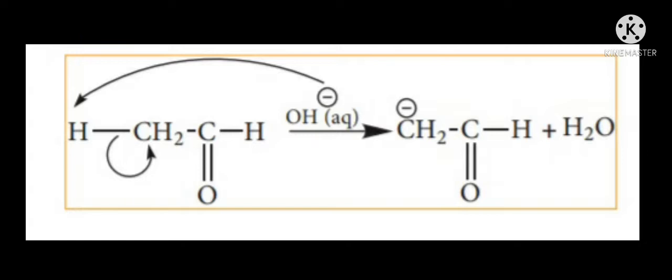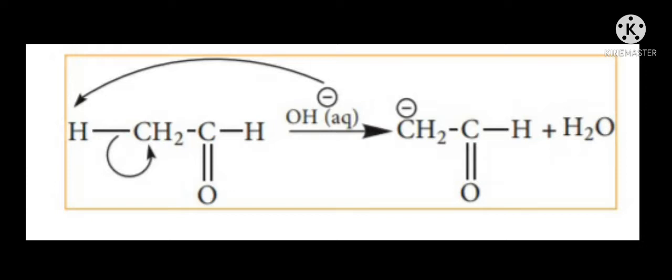Carbanion means carbon with a negative charge. This reaction is the aldol condensation reaction. Here, OH minus ion takes alpha hydrogen from the aldehyde, which leads to the formation of the carbanion, which is shown here. What is alpha hydrogen?